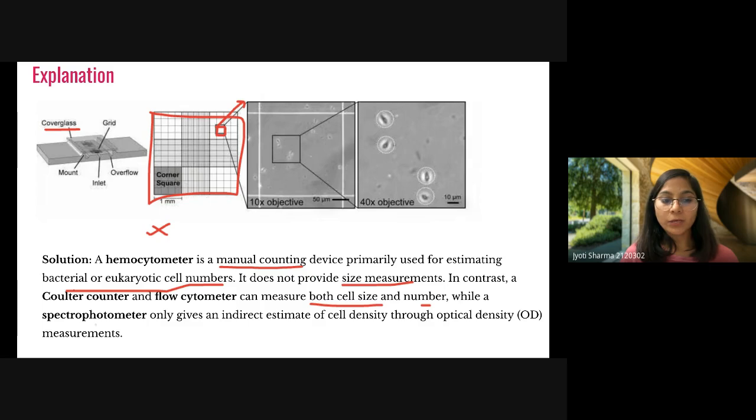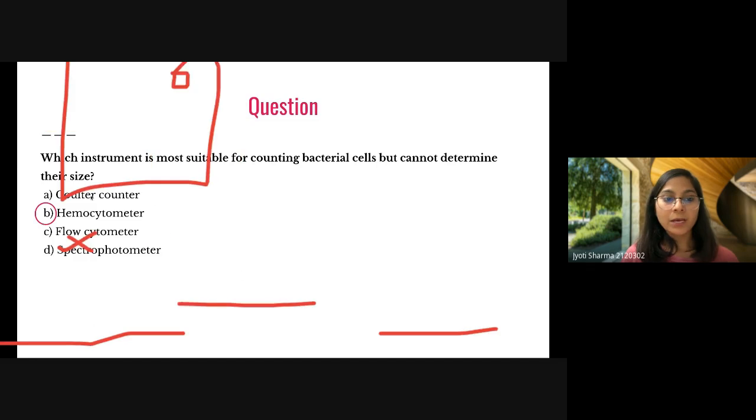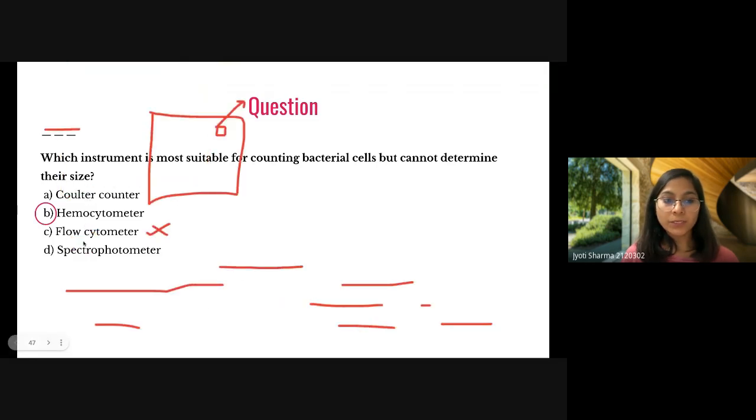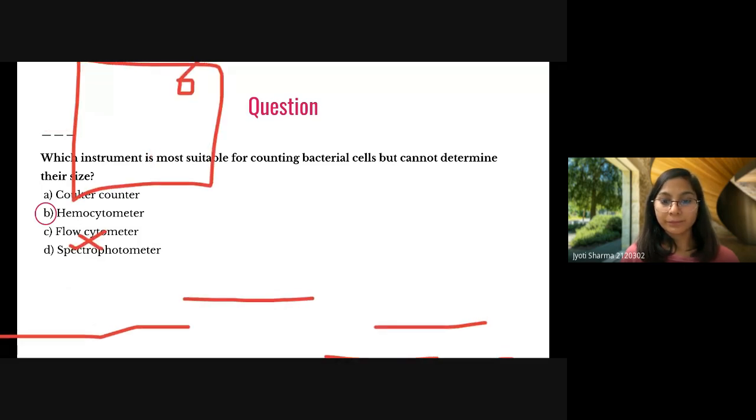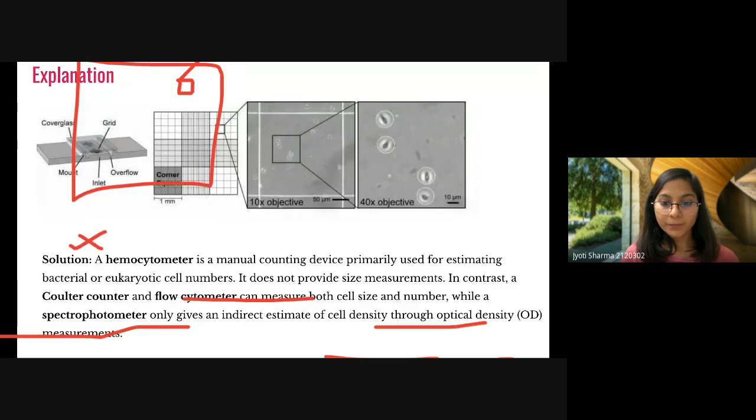And the spectrophotometer can give you the cell density using optical density measurement. So we had four methods: Coulter, hemocytometer, flow cytometer, and spectrophotometer, and the hemocytometer is the right answer, right?